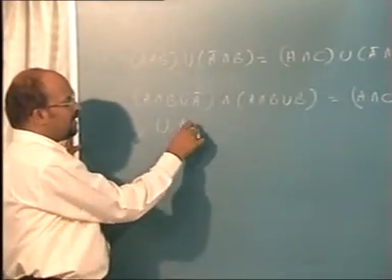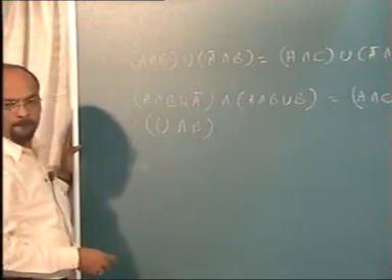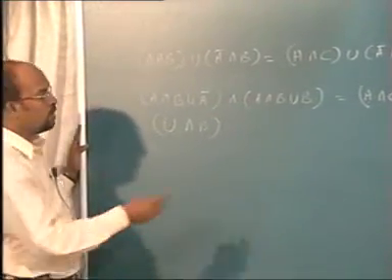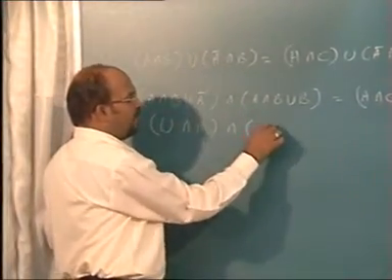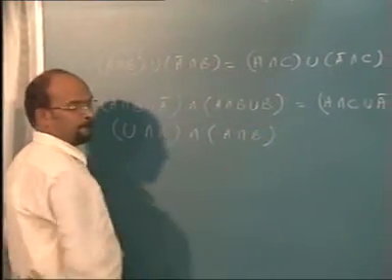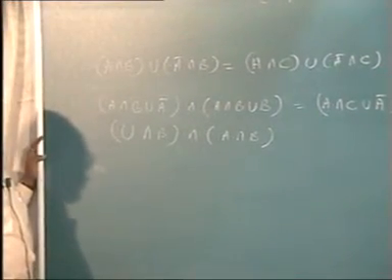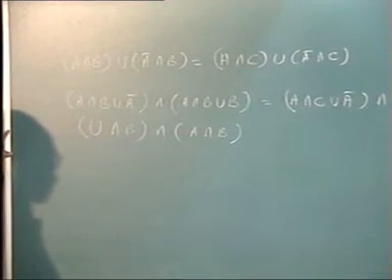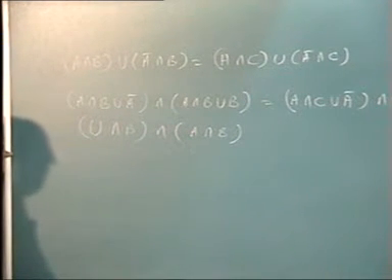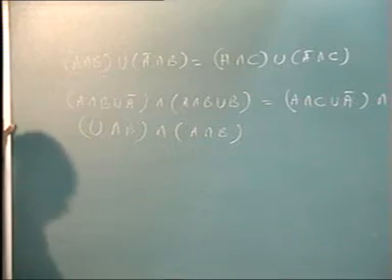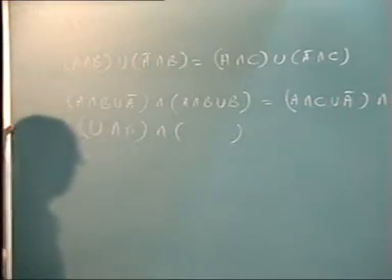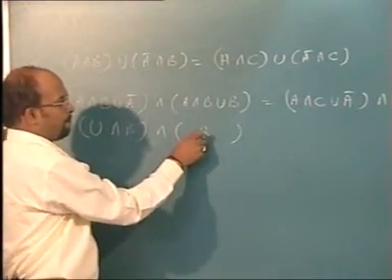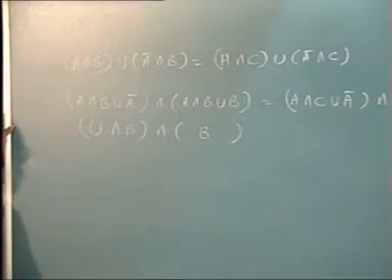So universal set intersection B, intersection with A intersection B. What are we getting? Are we heading to the identity only? Yes, this is wrong, this should be B. This should be B.